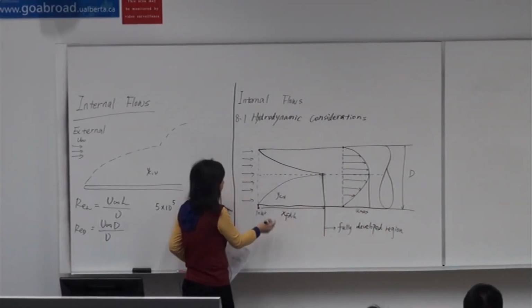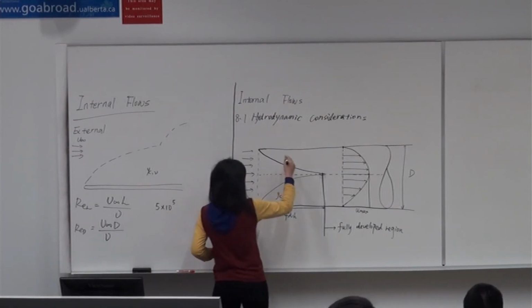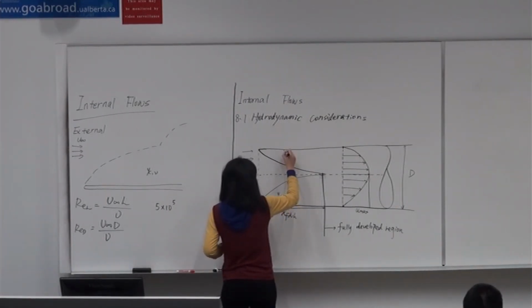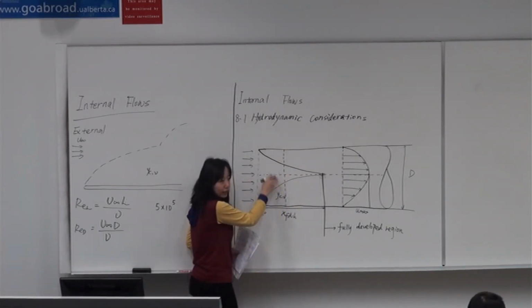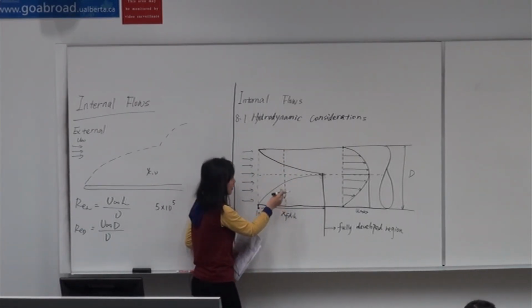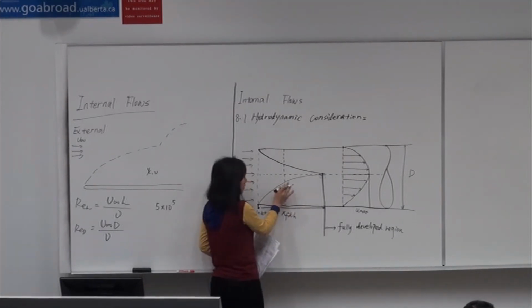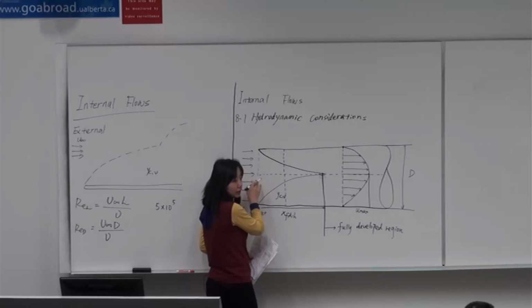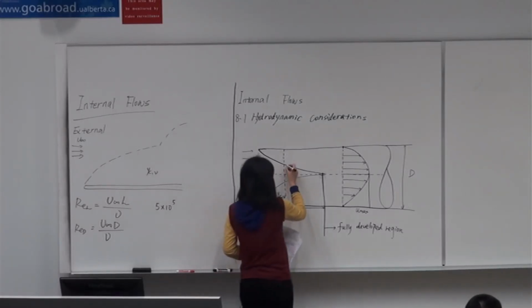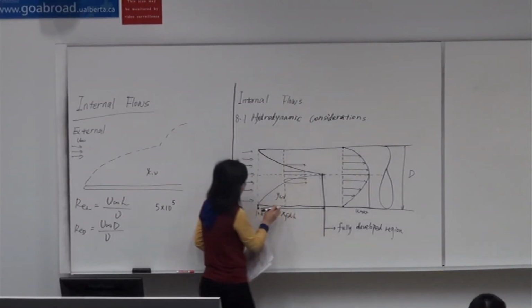Before this point, let's consider the velocity profile across the cross section. Outside the boundary layer, the velocity remains constant at whatever it initially flows in at.